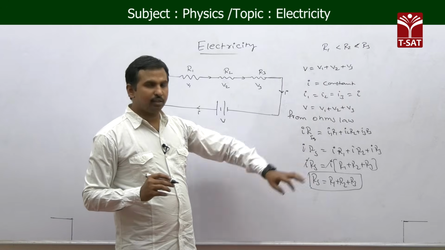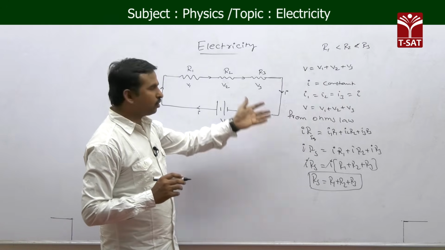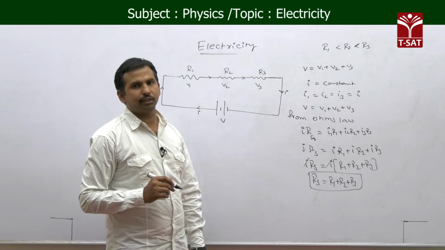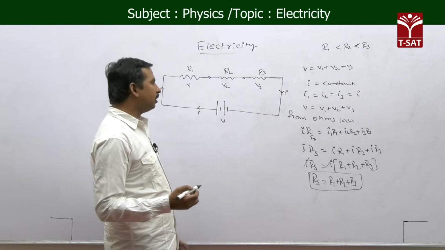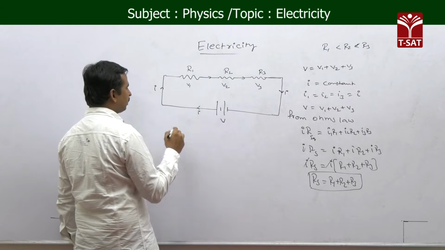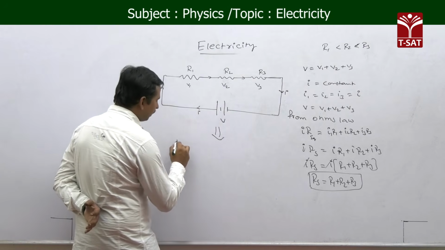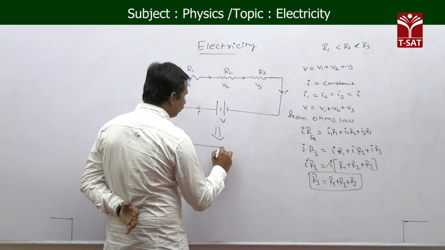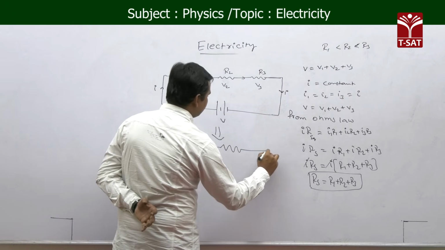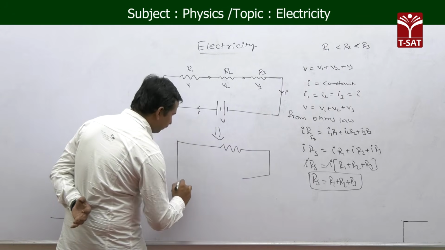What do you mean by this? If you have three resistors R1, R2 and R3, then directly you can take, in place of those three resistances, one big resistance and the battery given. This is equivalent, we can also write it like this.